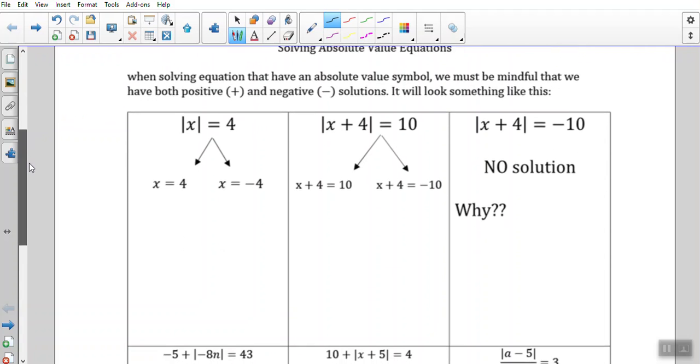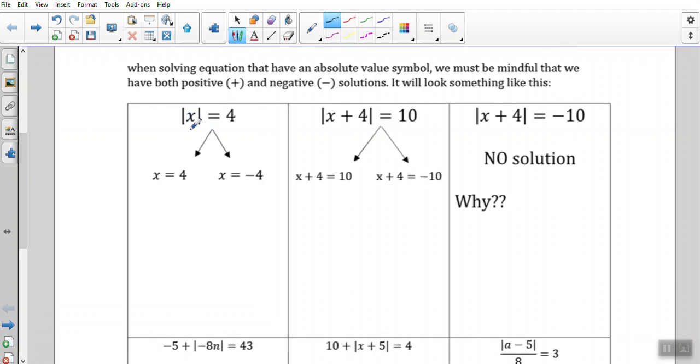So when we go to solve equations, you have the absolute value and you have the x inside of the absolute value. We have to look at the positive and the negative solutions. Okay, so to set this up, what we say is, well, x is equal to 4 and x is equal to -4, and there's nothing else to solve here, so we just say that the solution, and we want to write this solution in set notation, would look like this.